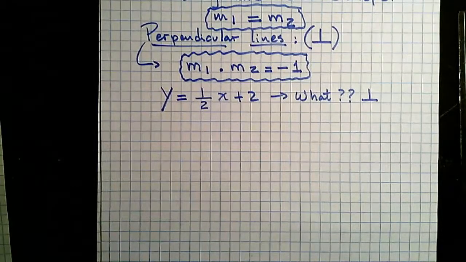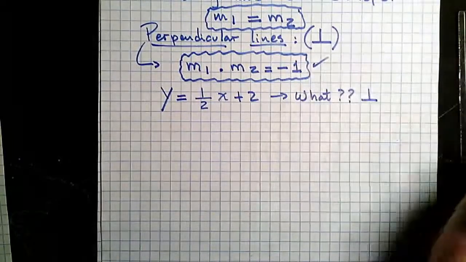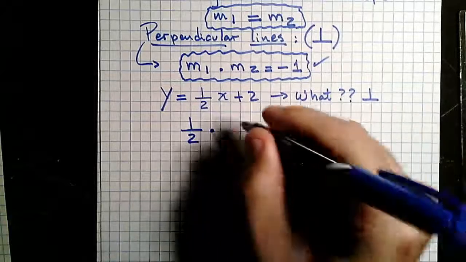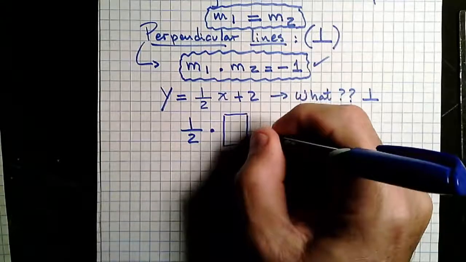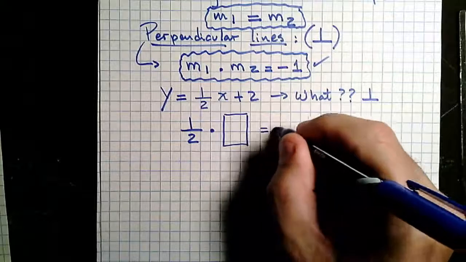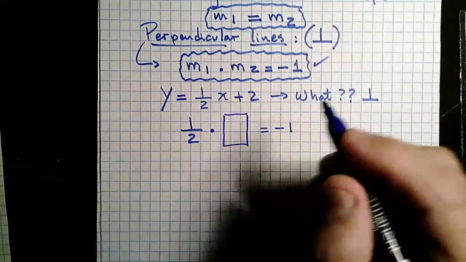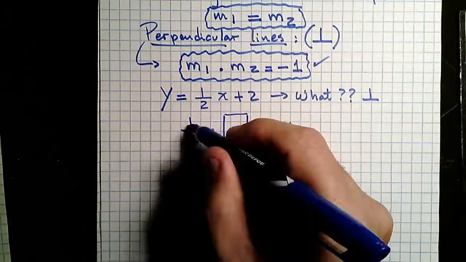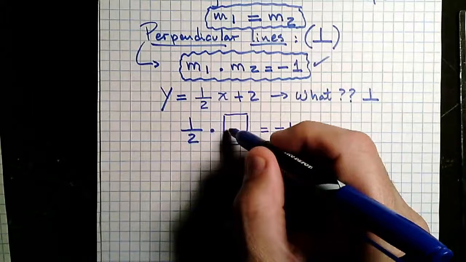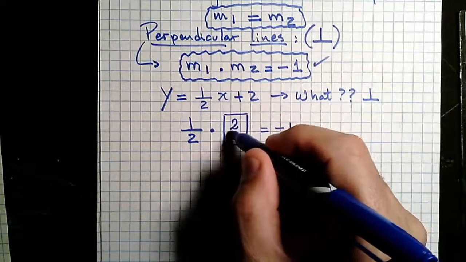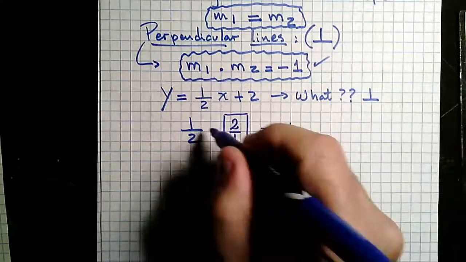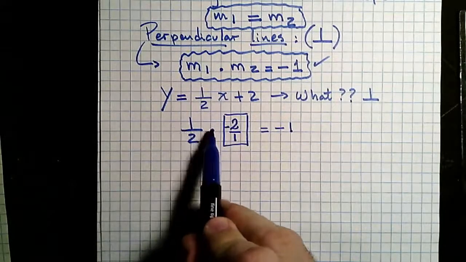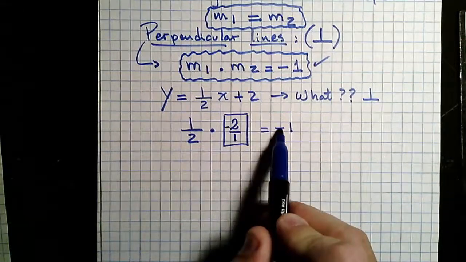Well, doing this, I have to try with this formula here. 1/2 times a number here that is going to be -1. Well, the only number possible here is multiplying this one by its inverse. So flipping 2 up, 1 down. And I have to add negative. Why negative? Because we know that positive times negative is going to be negative.